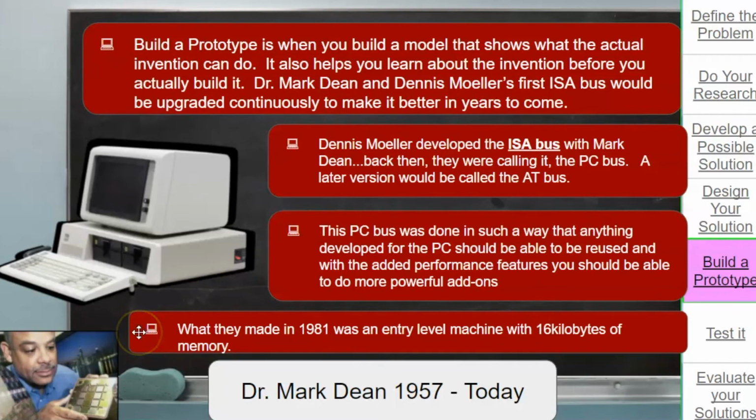What they made in 1981 was an entry-level machine with 16 kilobytes of memory. So here they are, they're building their first one, they put it on the market, and then in the future years, they come out with better ones, because they keep going back and they build a prototype, they tested it, they validated the solutions, and then they went back, did more research, and it kept getting better. And part of the thing that helped get it better was, well, we'll find out.